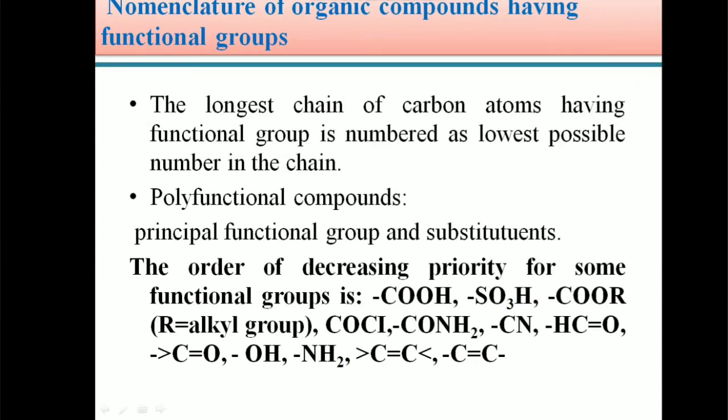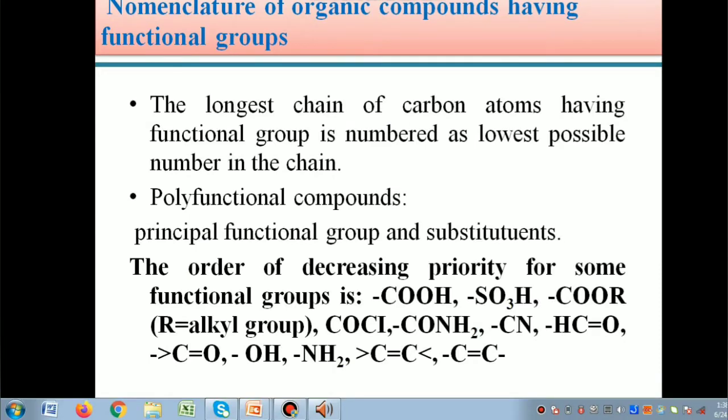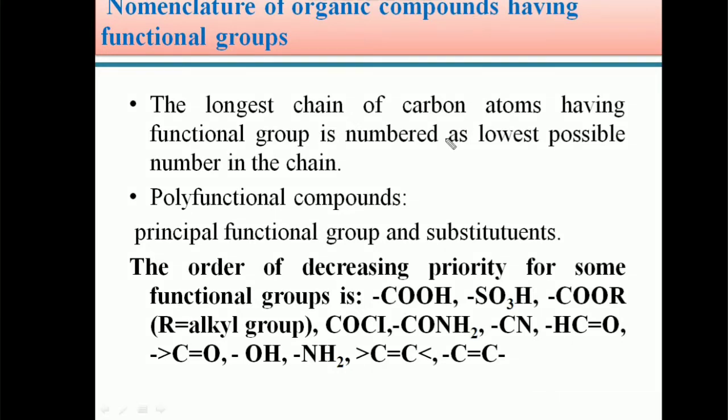Students, in case of a given organic compound containing a functional group, generally we follow this procedure. These are the two rules we follow to assign the name for an organic compound containing functional groups. A functional group is an atom or a group of atoms connected to the carbon chain, whose chemical properties are responsible for those of the given organic compound.